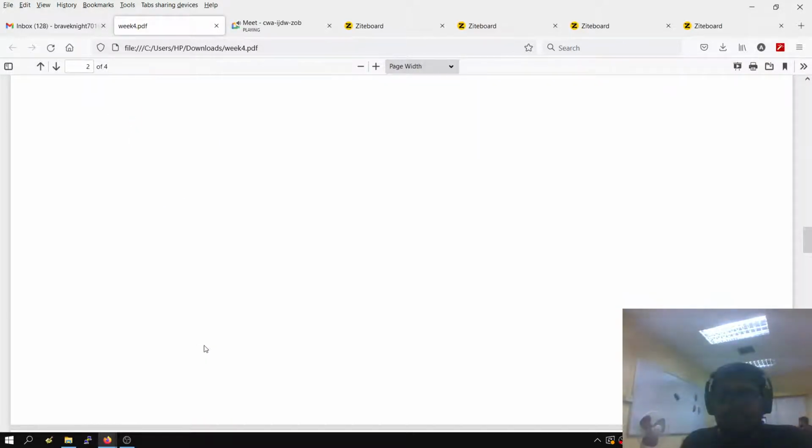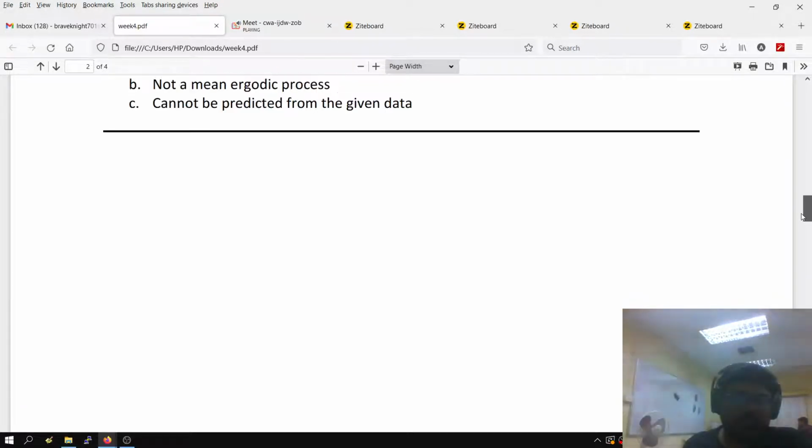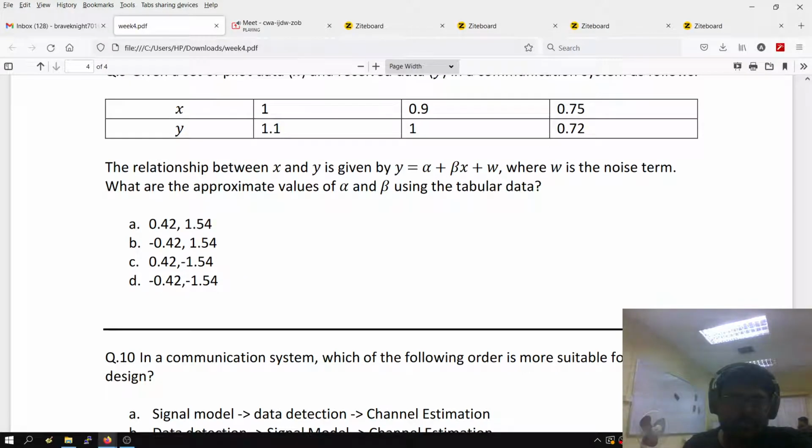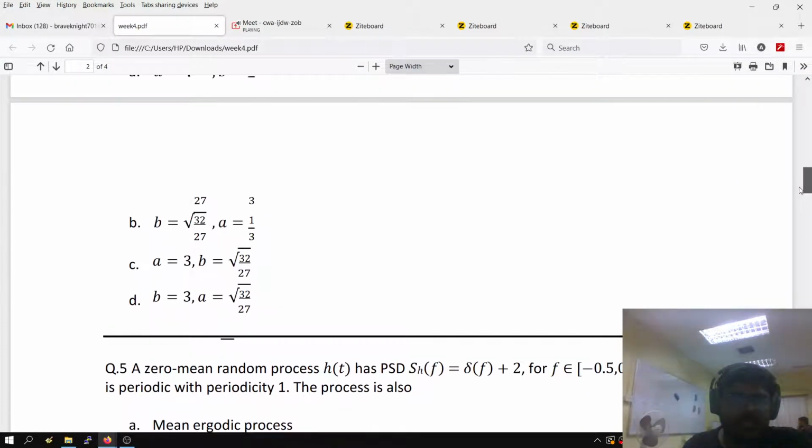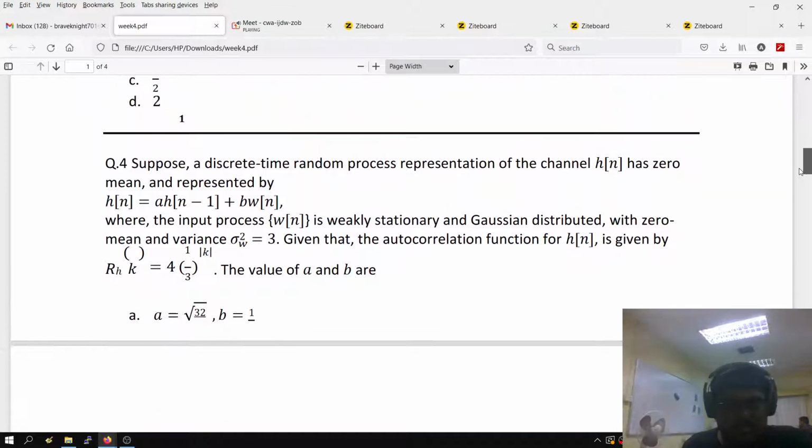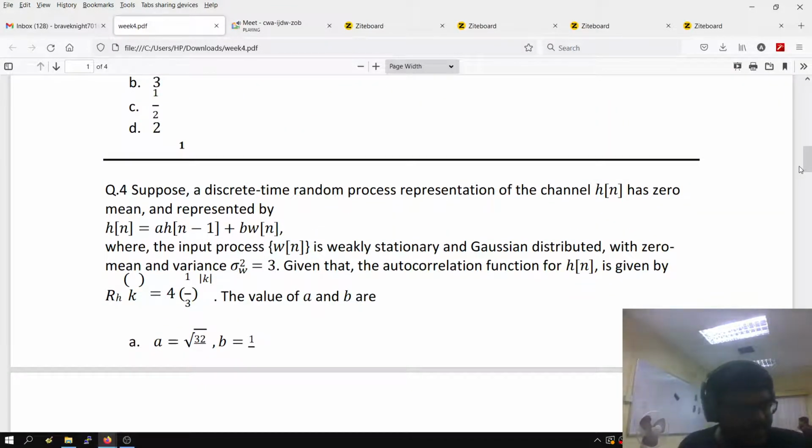Now let us come to the fourth question. There is a discrete time random process representation of channel h[n], and it has zero mean, and it can be represented as h of n equal to a times h of n minus 1 plus b times w of n, where the input process w[n] is weak sense stationary and Gaussian distributed, with zero mean and variance sigma w square equal to 3.